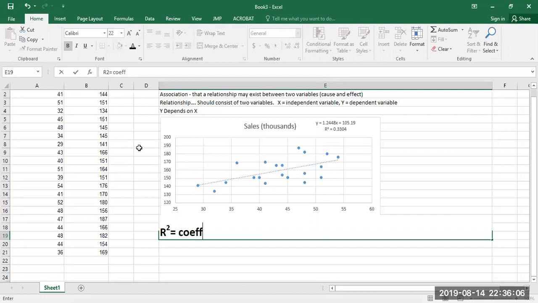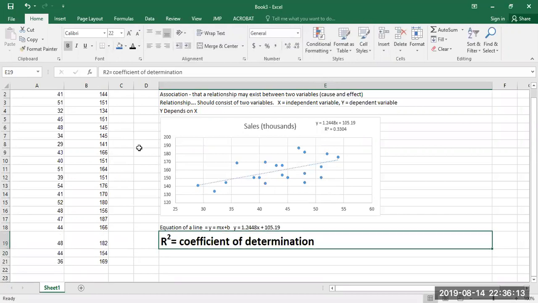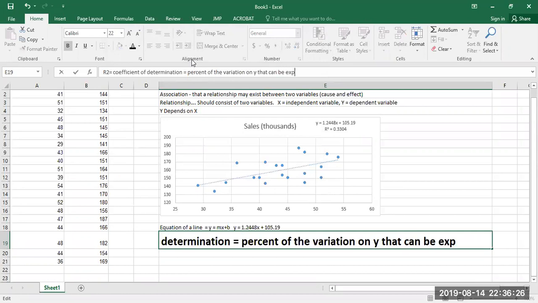So it's called the coefficient of determination, but we probably won't call it that very often. We usually call it R squared. And the important thing we want to know about R squared is the sentence that R squared is the percent of the variation in Y that can be explained by X.